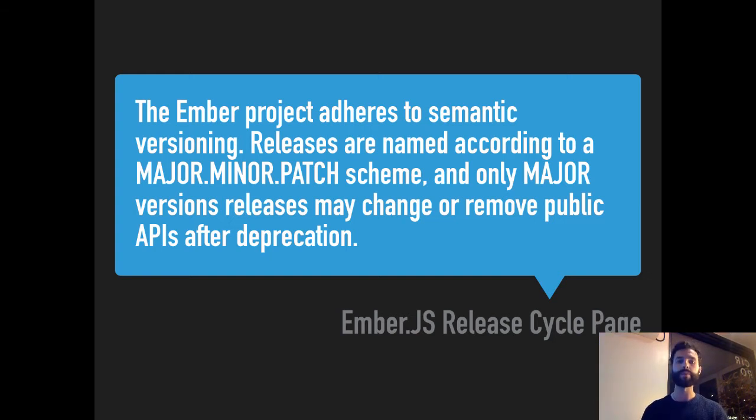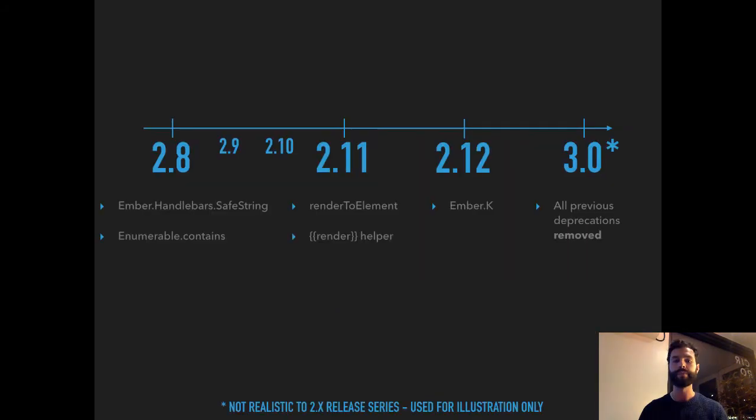So in general, the Ember project adheres to semantic versioning. So releases are major, minor, patch. We're pretty familiar with this in general. And major versions are the only ones that can change or remove public APIs after deprecation.